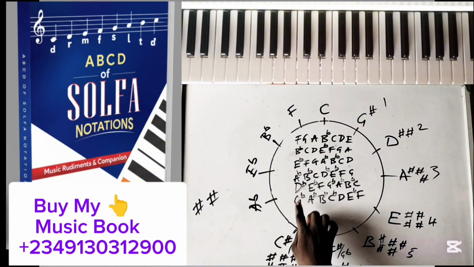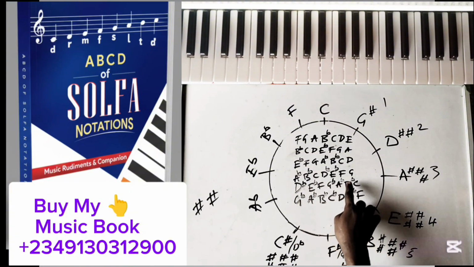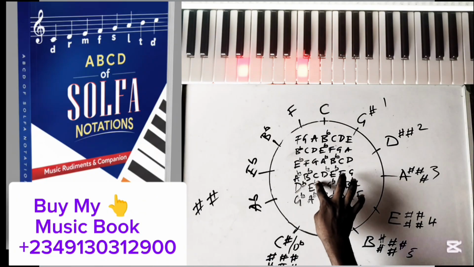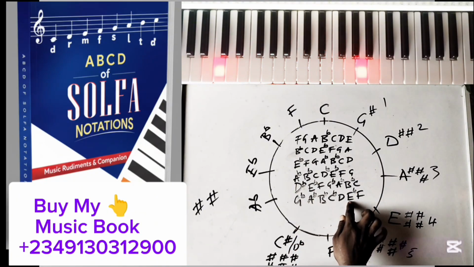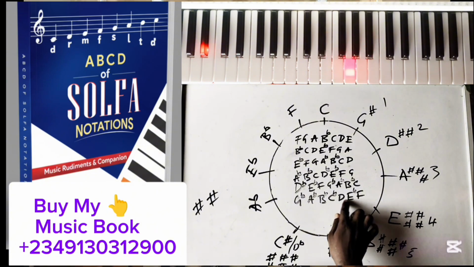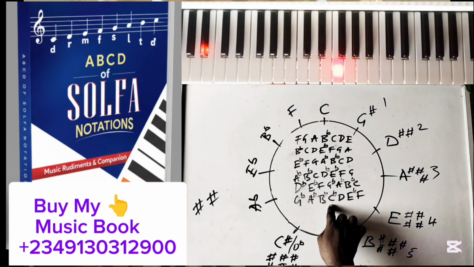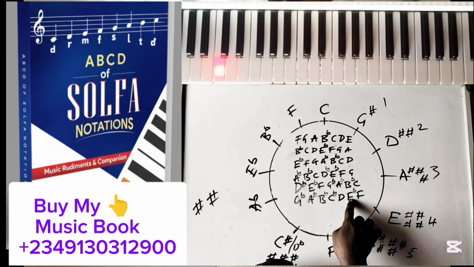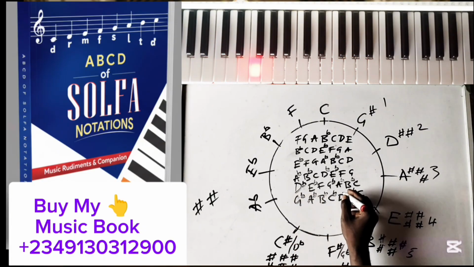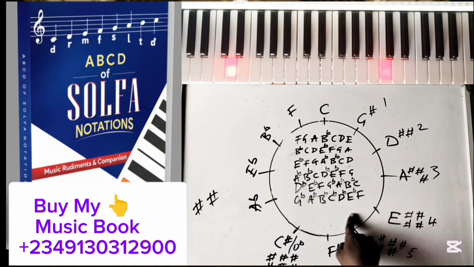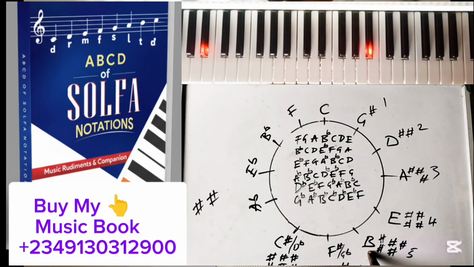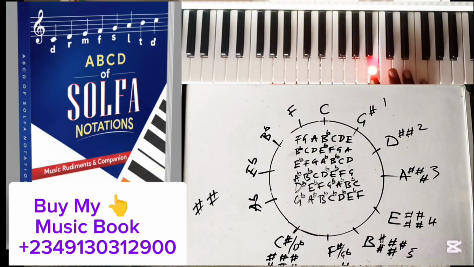You see it? 1, 2, 3, 4, 5. Here is one, now 6. What next is flattened? G is flattened, E is flattened, D is flattened. So it is now 6, leaving F behind. Okay, the next one, another name for B is what?